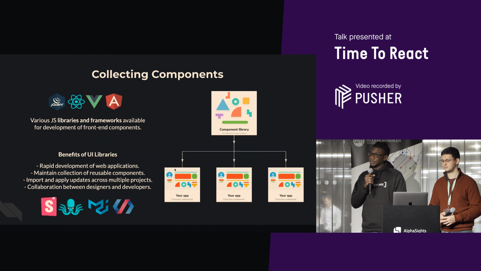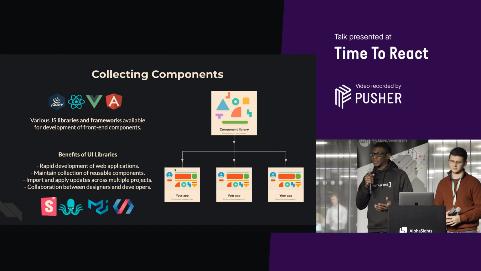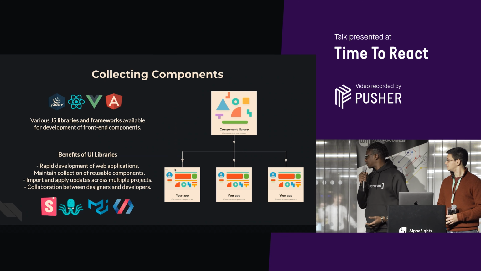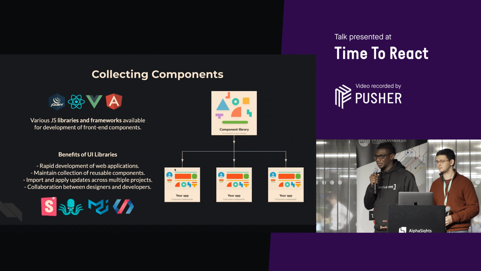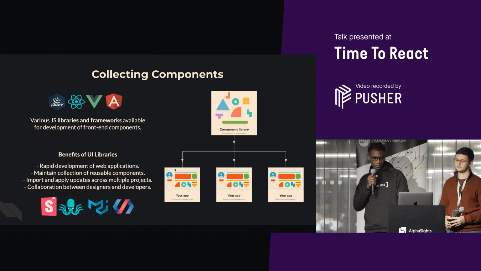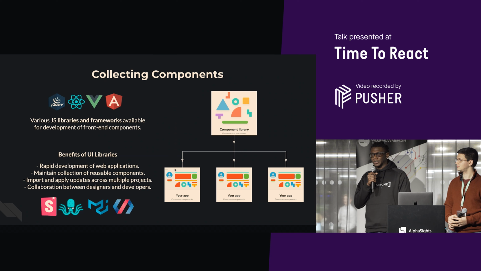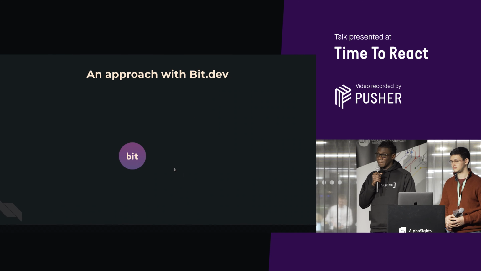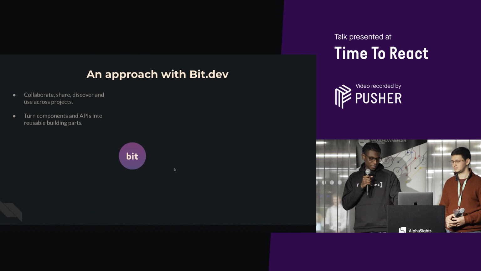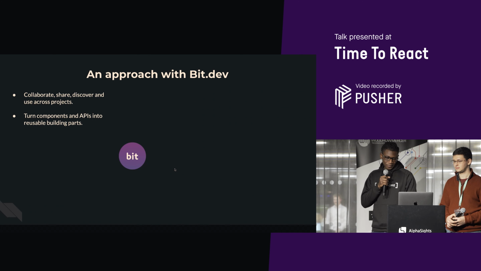Now, there are several tools that we can use for collecting these components and showcasing them, such as Storybook, Style Guidance, Material UI, and Polymer for Web Components by Google. However, today, we want to talk to you about one specific tool, and that is Bit.dev. What's Bit.dev?